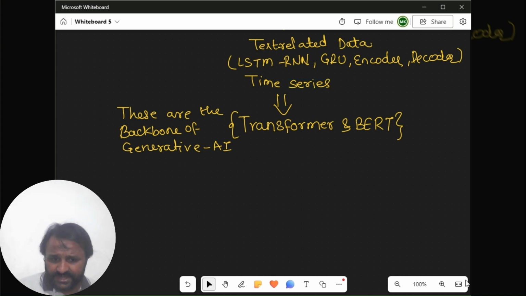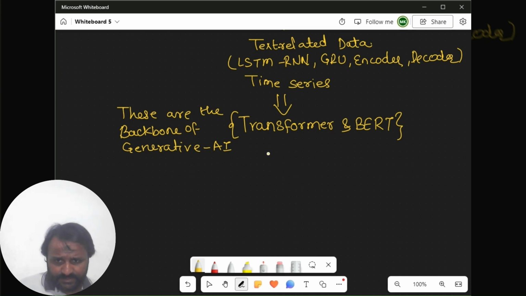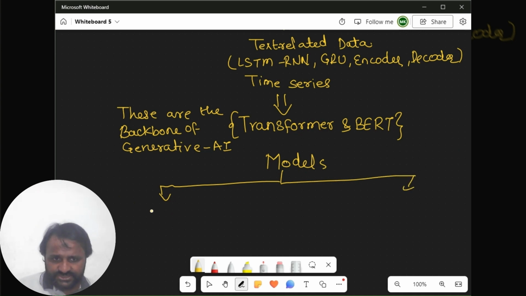So deep learning has two types of models. The first one is discriminative, and the second one is generative, generative AI.